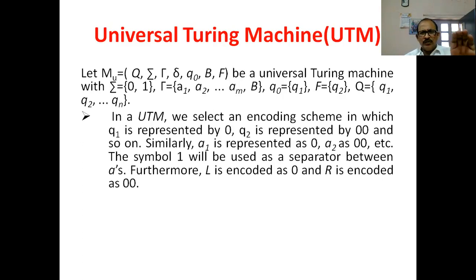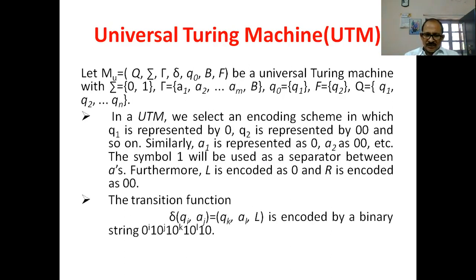We know the Turing machine consists of a set of transition functions. We simply convert the transition functions with the help of this encoding scheme, and each transition function acts as a statement corresponding to your program.